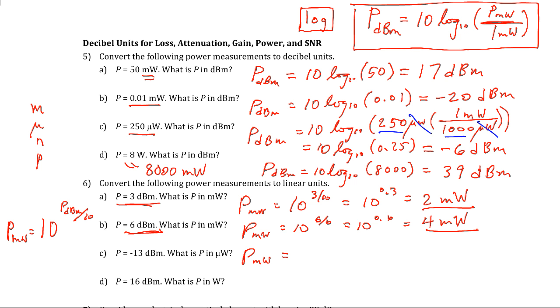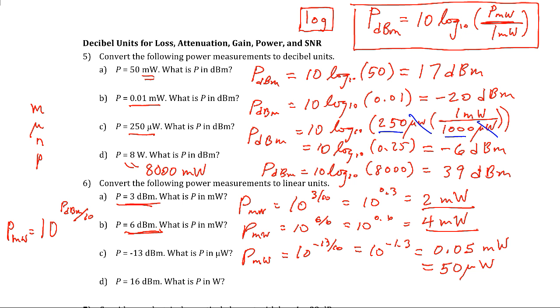Power in milliwatts here. I have negative 13 dBm, 10 to the negative 13 over 10, and I have 10 to the minus 1.3 therefore. 10 to the minus 1.3 on my calculator gives me 5 times 10 to the minus 2, 0.05 milliwatts, and that is 50 microwatts, because a microwatt is a 1,000th of a milliwatt.